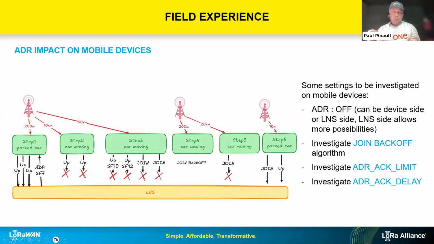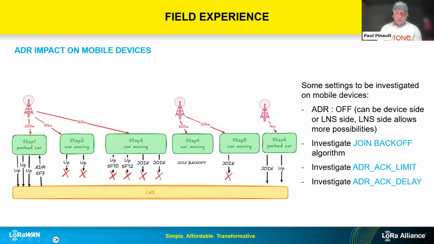But as soon as it starts moving, it is not able to communicate with the gateway because it's too far for the configuration it has. So the idea is well made. In that case, the SF can change, but if you are too far, it's not working. And after, as the device is not communicating, it will go back into a rejoin process.